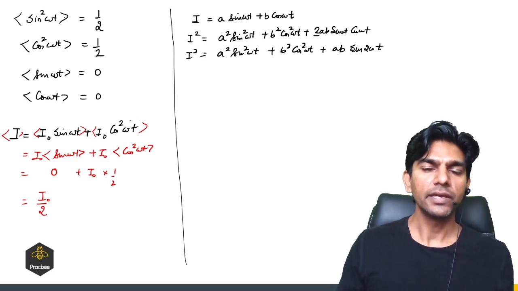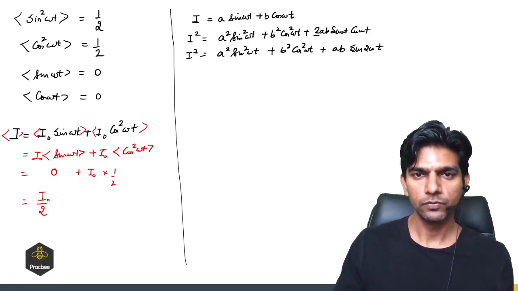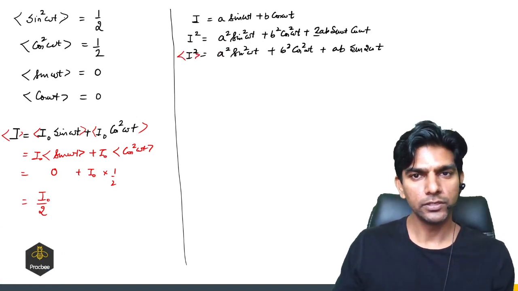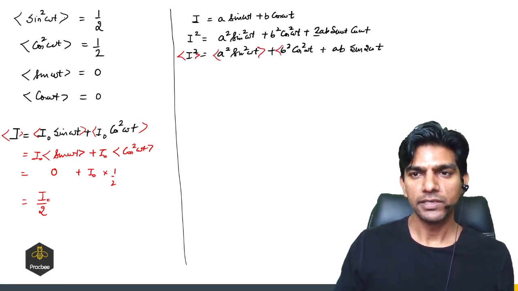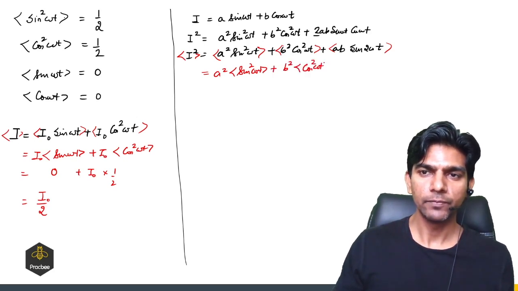Now we have to find the average value of this. So let us take the average value of all the terms, right? So a square will come out, the average value of sine square omega t, plus b square will come out, the average value of cos square omega t. Then ab will come out, the average value of sine 2 omega t.